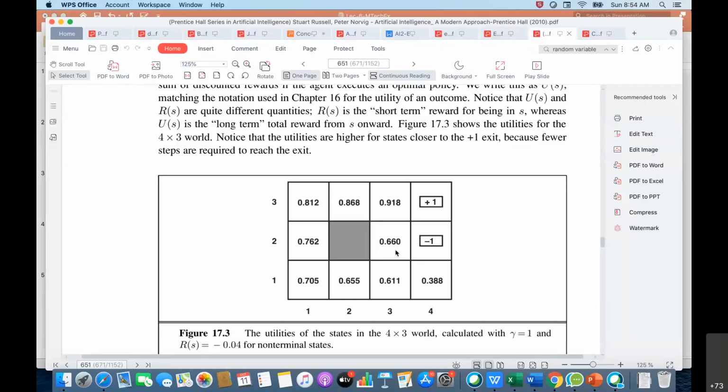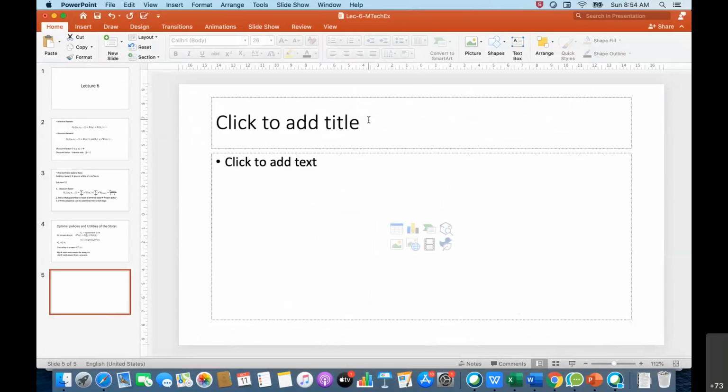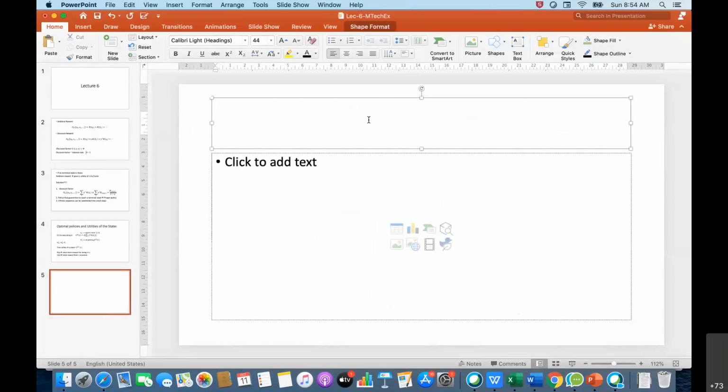So that's why we have assigned minimum utility values to these states and maximum utility values to these states, so that the agent should follow this path, since this path maximizes its expected utility. We can compute, and that's what we are going to discuss now, how to compute those values. This is a very vital part. It is called value iteration, how we are going to compute the values of utilities.